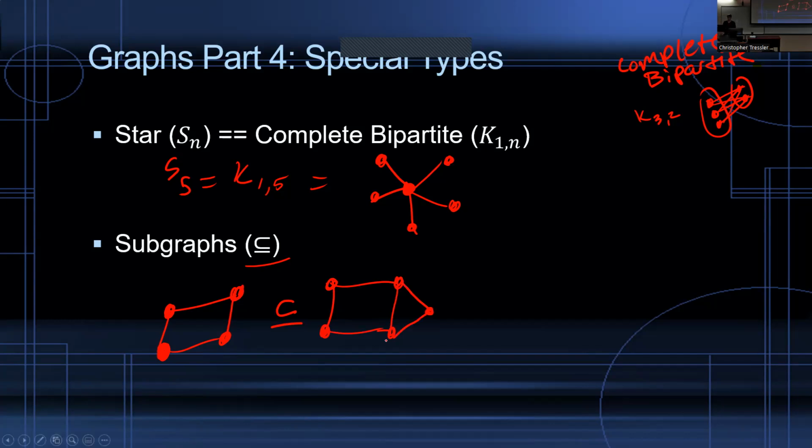If we wanted to say this, what would you guys think? Is the left a subgraph of the right? Yes, because notice how this graph is basically included in this graph, right?